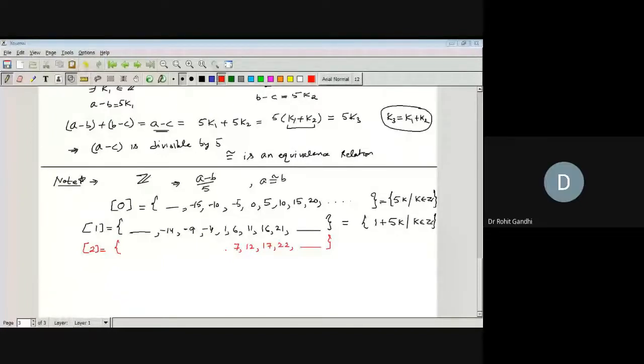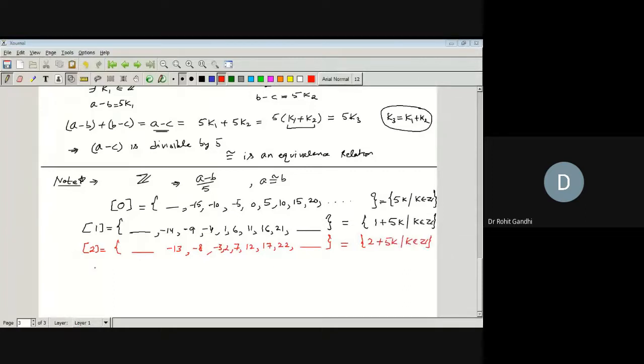And if I go back, sir, -3, -8, and -13, and so on. Won't 2 come? Yes, sir, 2, then -3, -8, -13, and so on. In general, we can write 2 plus 5k, such that k belongs to integers.